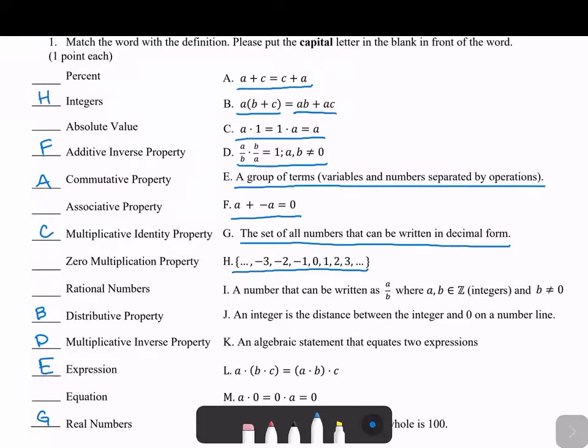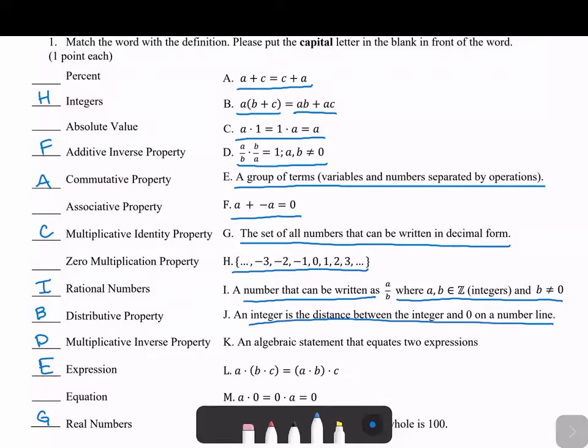The next one, a number that can be written as some A over B, where A and B are integers and B is non-zero. So this is how we have defined the rational numbers in that set builder notation. The next one, that's the distance between an integer and 0 on the number line.